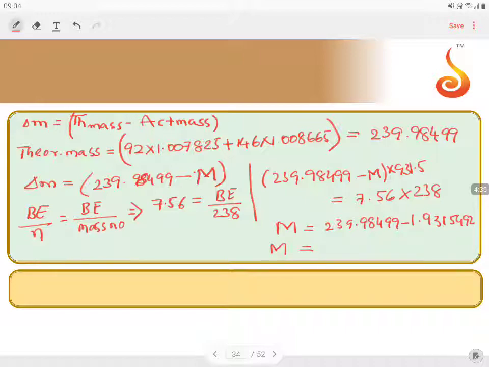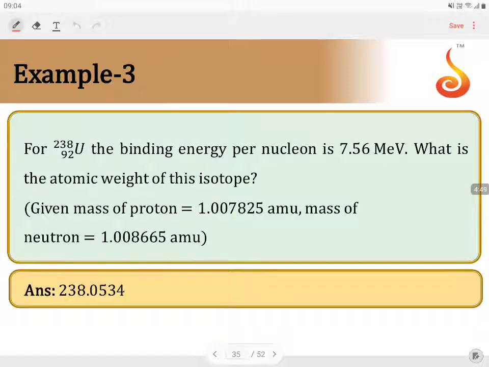But as I have calculated, I'm giving you the total value, so don't worry about the data. You can do it approximately also, because it's a competitive question. 238.0534 AMU will be the answer we got for the actual mass. So let us check the answer given: 238.0534. So this is the easy way we can calculate it.